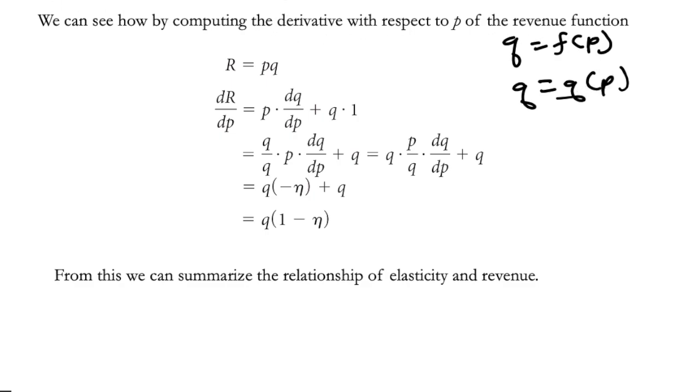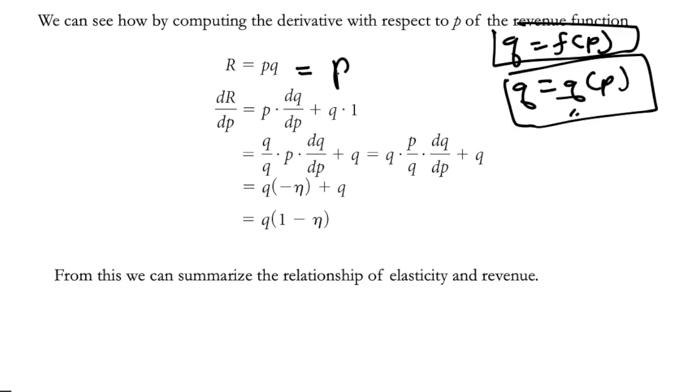Okay, so I have a revenue function that looks like this. Because I know that Q is a function of P, initially I wrote it this way, but I changed the alphabet from F to Q here. Then I can also rewrite it this way, P times Q as a function of P. You get what I mean here?